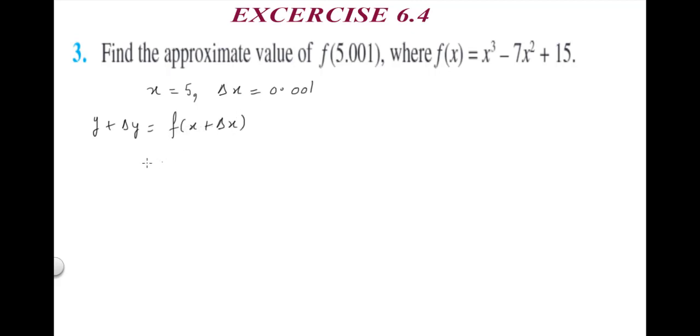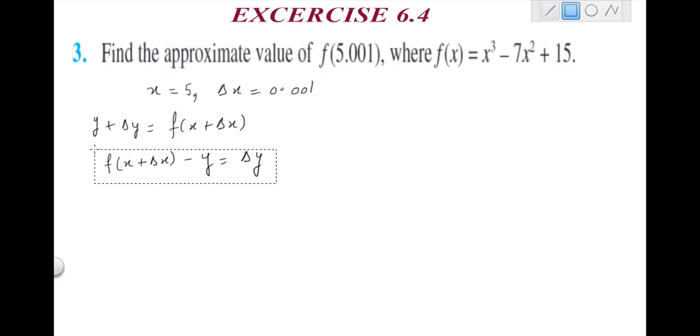So we can also write that f of x plus delta x minus y equals delta y. This is something that we are going to use in all the questions like this that have been given in exercise 6.4.